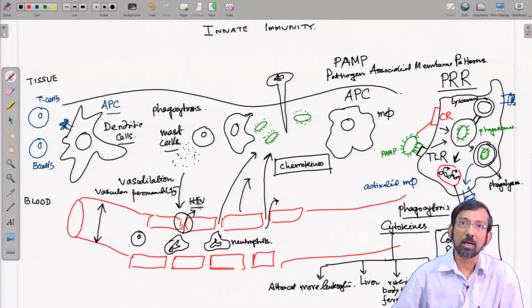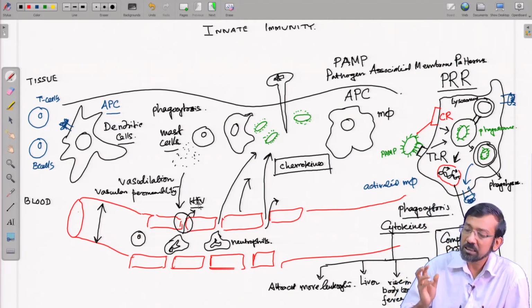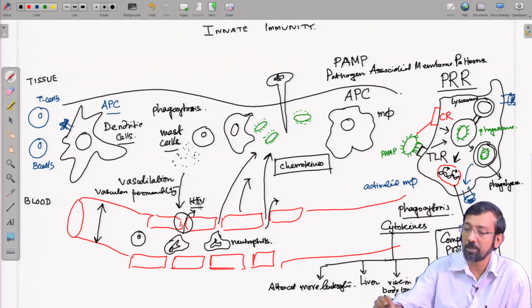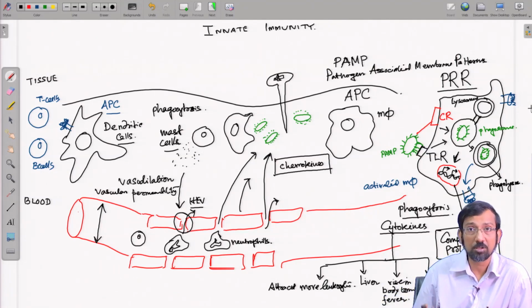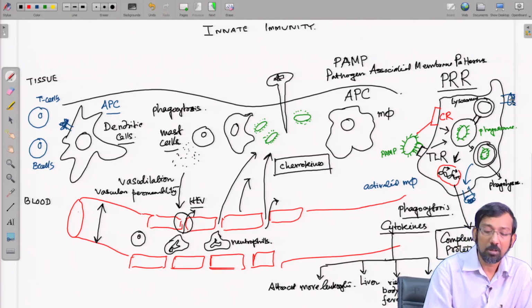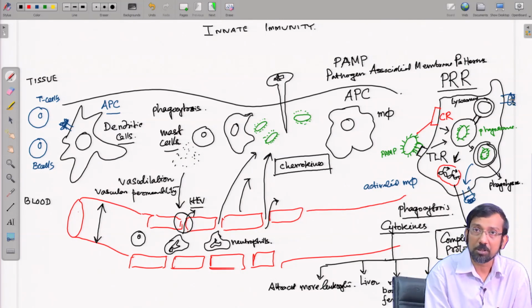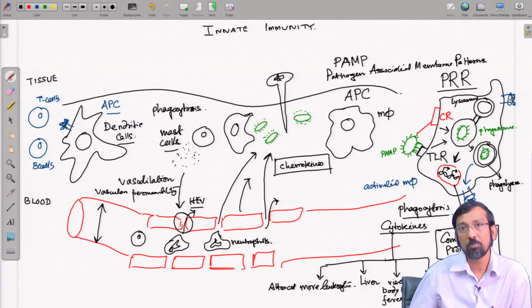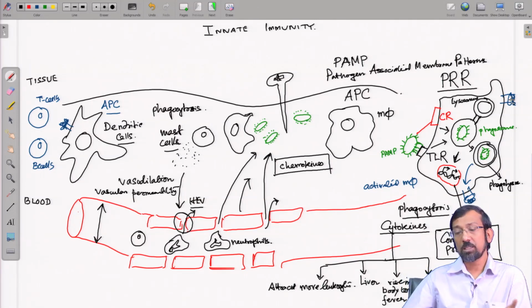Now, these small peptides are then displayed on the surface of the macrophage by specific classes of MHC molecules, and this is primarily required for activation of the adaptive system. These antigen presenting cells, as the name suggests, present the antigen.